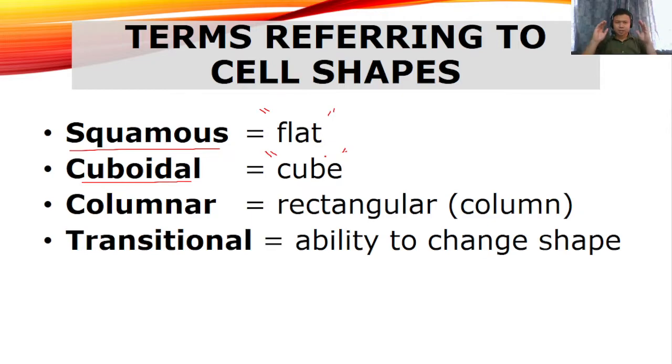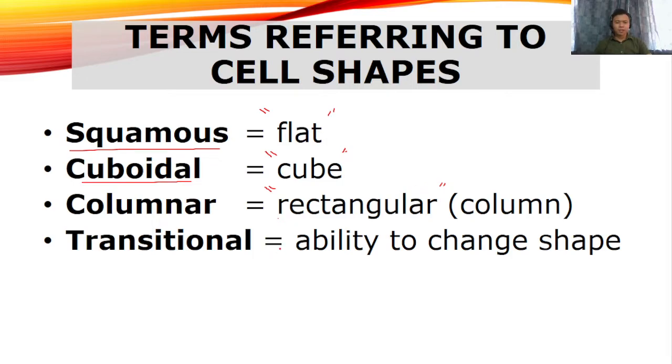Its height is the same as its width. Moving forward, we have the columnar, which is quite an elongated projection of the cell having a rectangular shape.